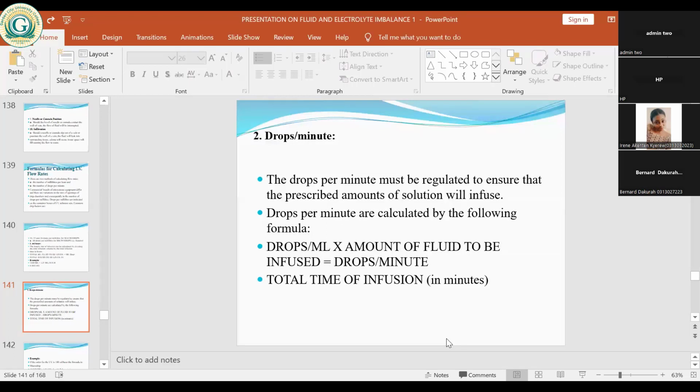So the drops per minute is calculated by the following formula. Here you have the drops per mil, the drop factor, times the amount of fluid to be infused, divided by the total time of infusion in minutes.